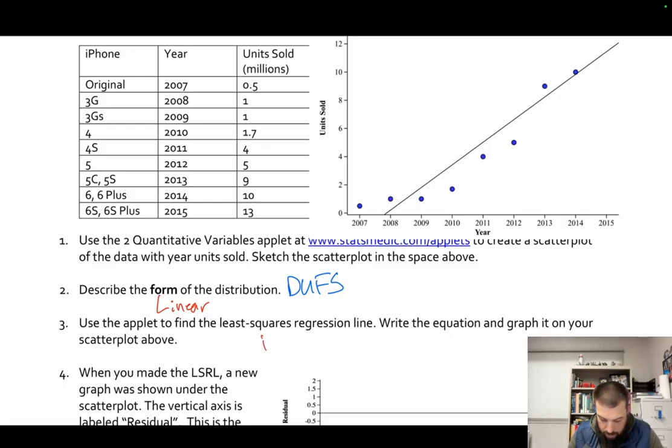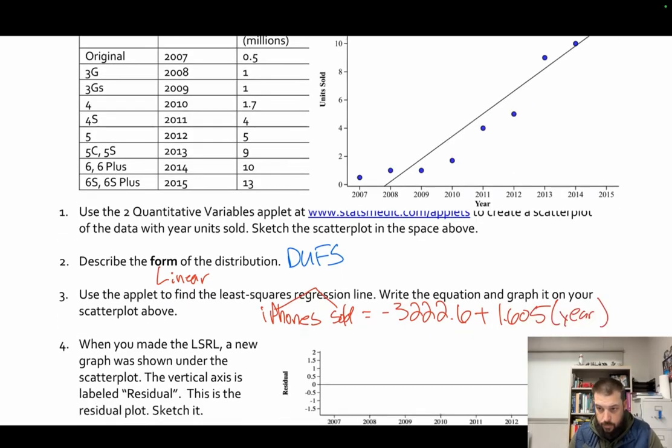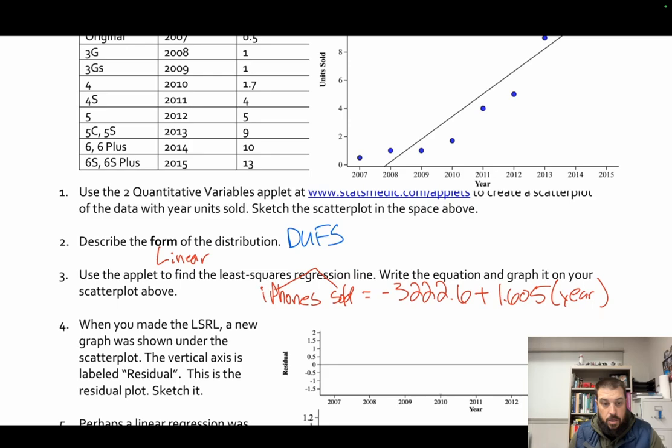All right, in context, iPhone sold hat, because that's our predicted model, is going to be equal to negative 3,222.6 plus 1.60 times year. So we made our LSRL.